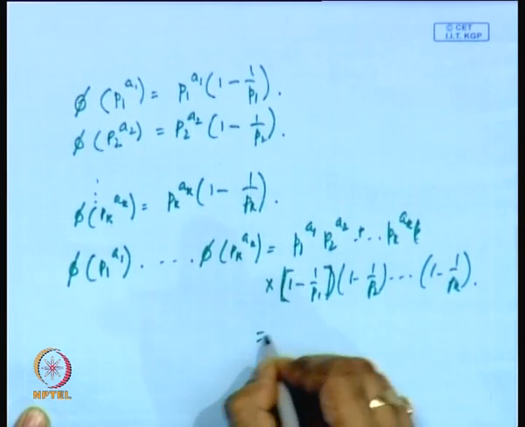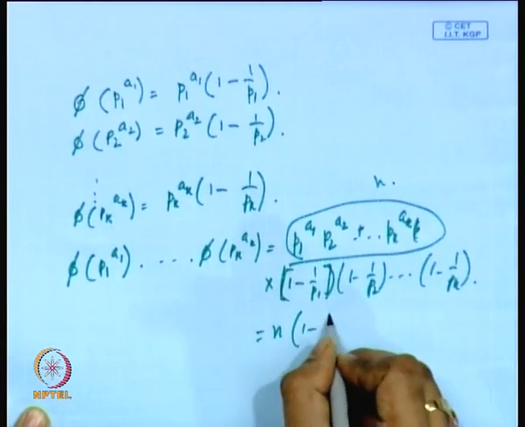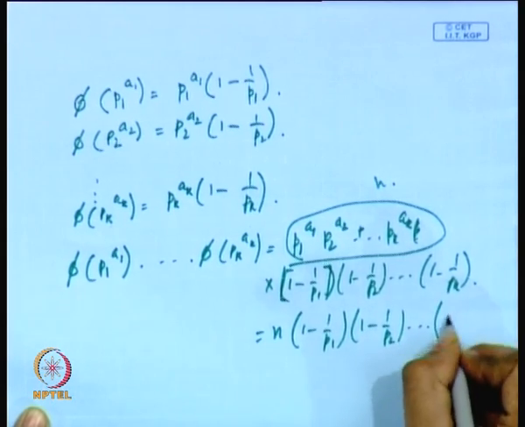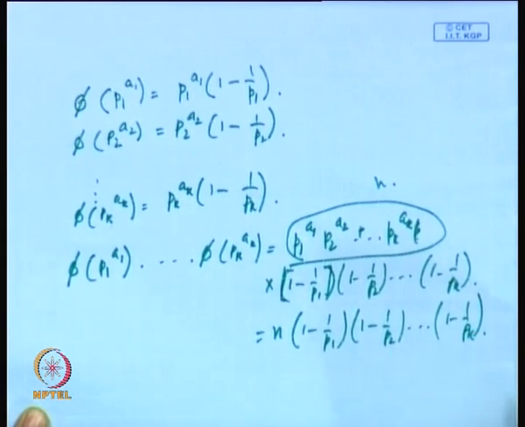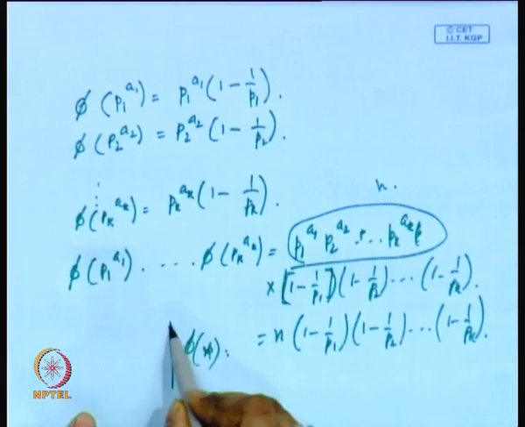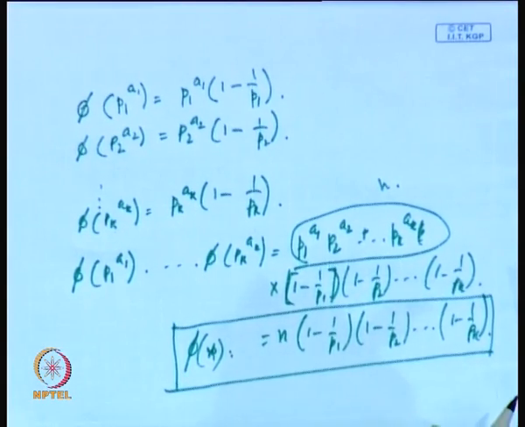This can be substituted by n itself. So you get n into 1 minus 1 by p1 into 1 minus 1 by p2 and so on till 1 minus 1 by pk. This is the formula to compute phi of n. So phi of n is n multiplied by 1 minus 1 by p1, 1 minus 1 by p2, and so on till 1 minus 1 by pk.